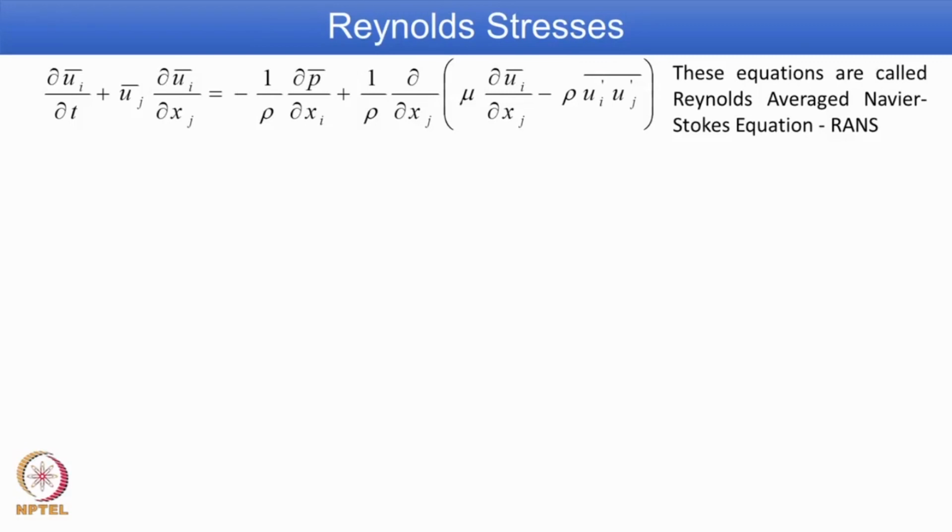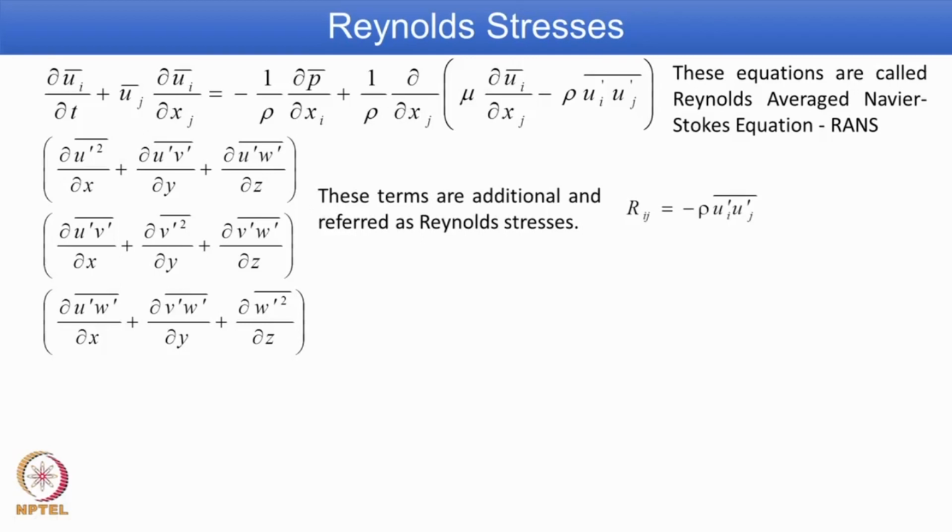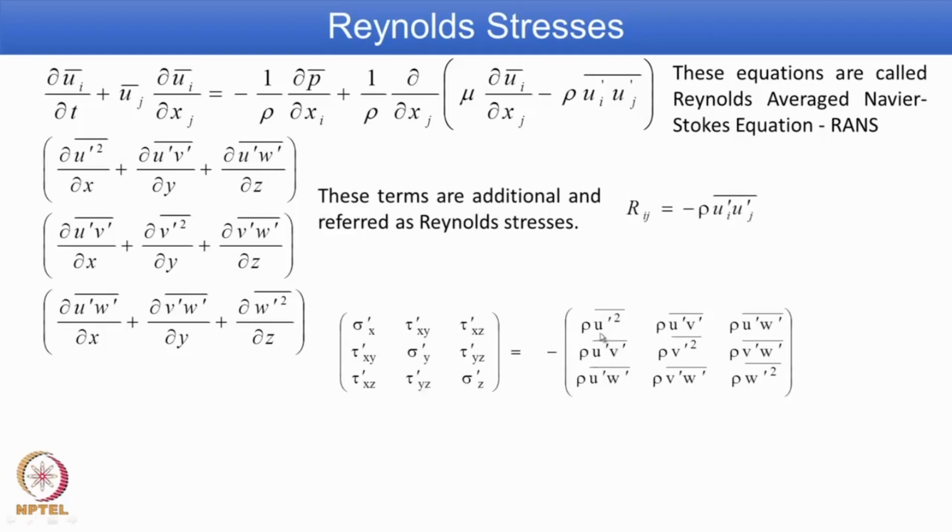Now, we go into the equation once again. I am displaying here the RANS equation, the time averaged Navier-Stokes equation, and we know this stress term, and we identify normal stress as well as shear stress. We also identify that off diagonal elements, the shear stresses, are symmetric with respect to the diagonal.